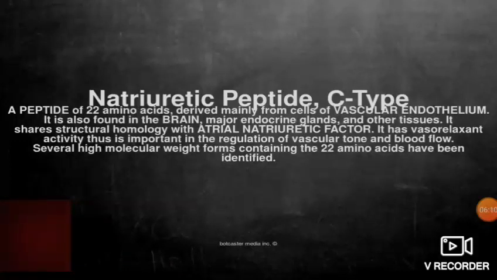It is also found in the brain, major endocrine glands, and other tissues. It shares structural homology with atrial natriuretic factor. It has vasorelaxant activity, thus is important in the regulation of vascular tone and blood flow. Several high molecular weight forms containing the 22 amino acids have been identified.